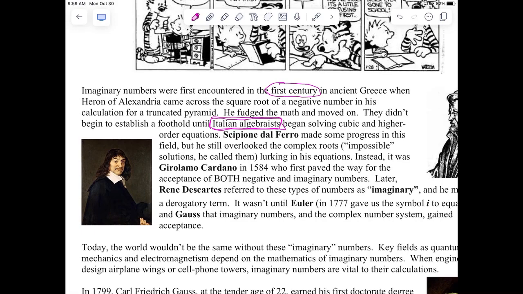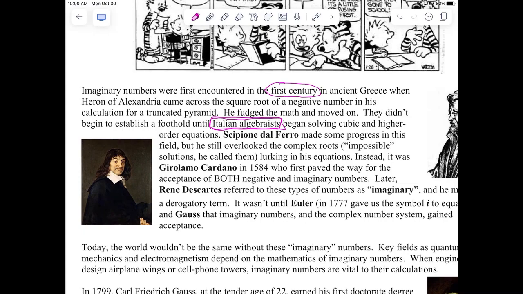So even later on, when guys like Euler and Gauss started working with them and realizing that they were actually very, very real in the sense that they exist, the name imaginary had already stuck. Okay? So Euler, the great Leonard Euler, who's down below to the left, in 1777 he gave us the symbol i to represent the imaginary unit, right?